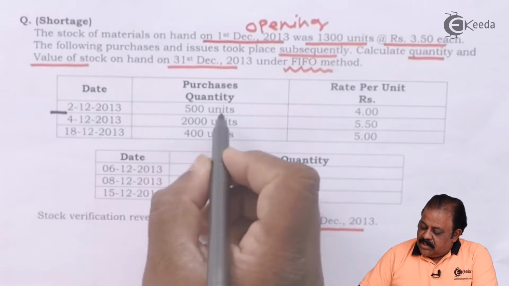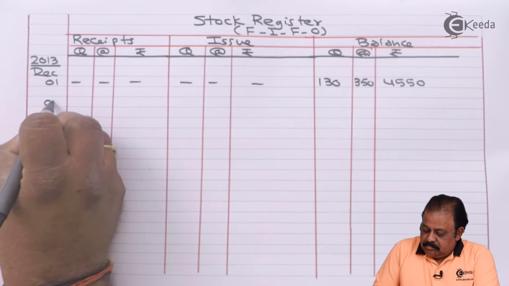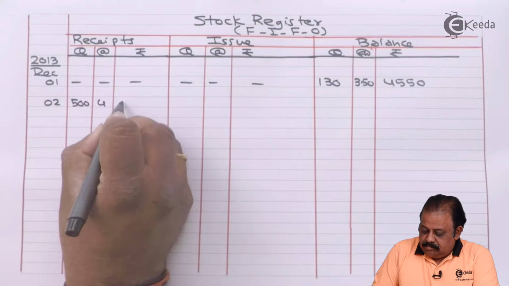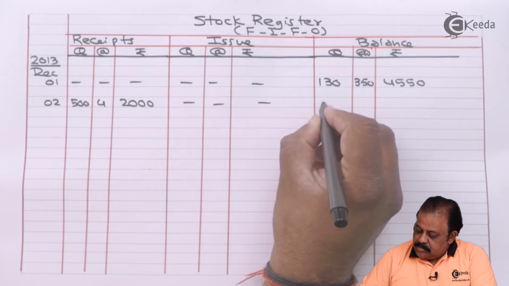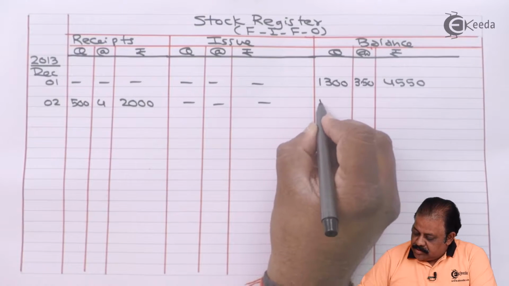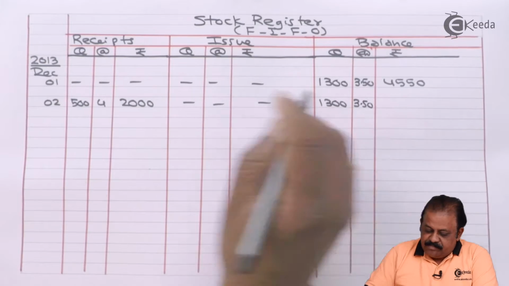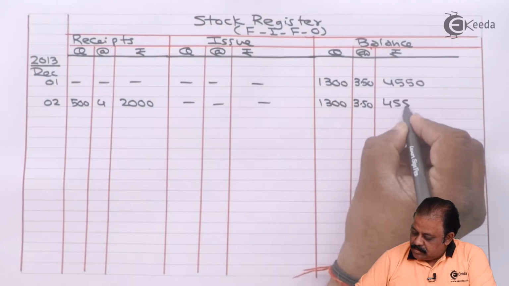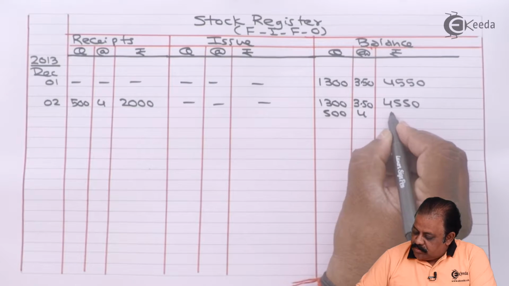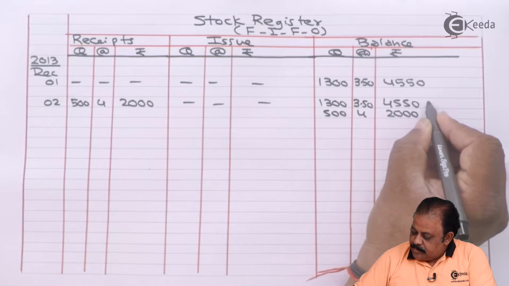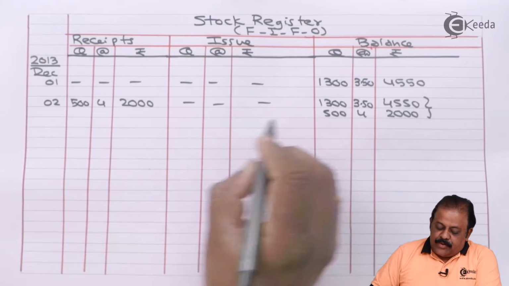On 2nd December there is purchase of 500 units at the rate of 4. Value 2000. 1300 units at the rate of 3.5. Fresh purchase 500 units at the rate of 4. So we are now having two stocks, 1300 units and 500 units.